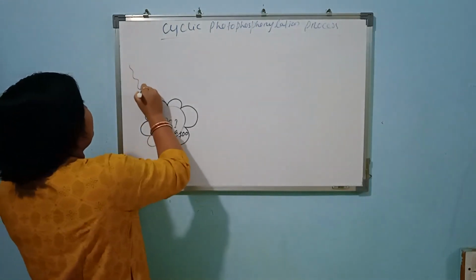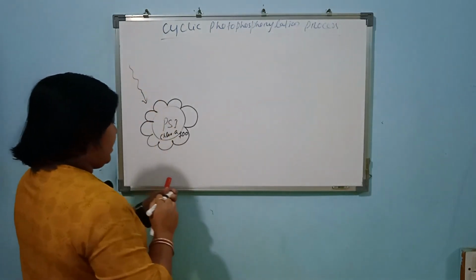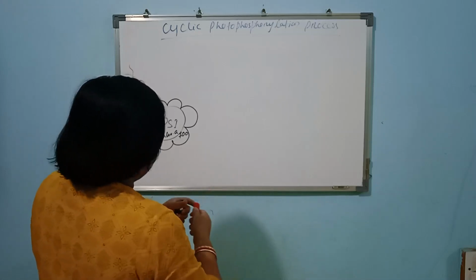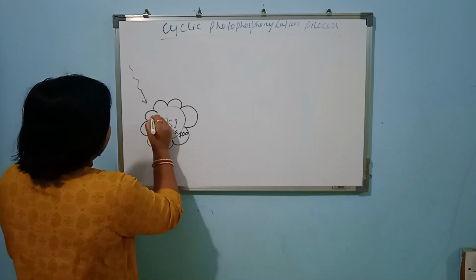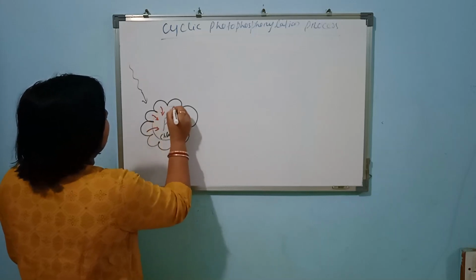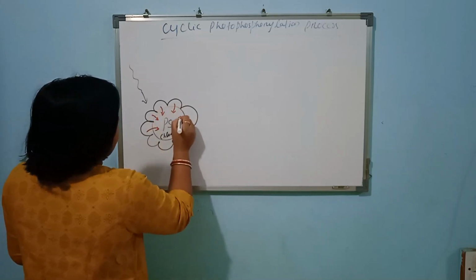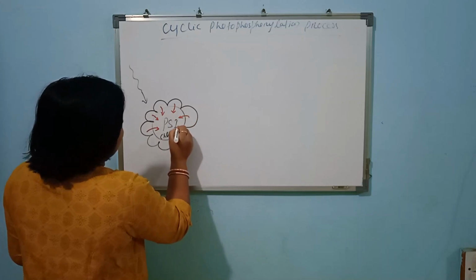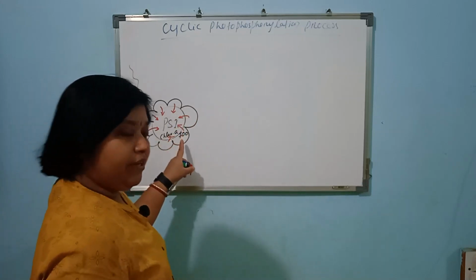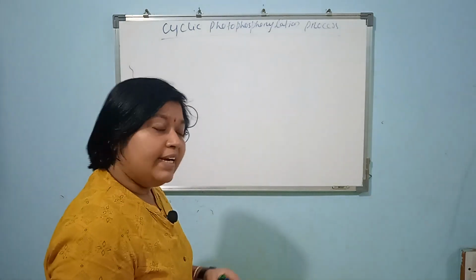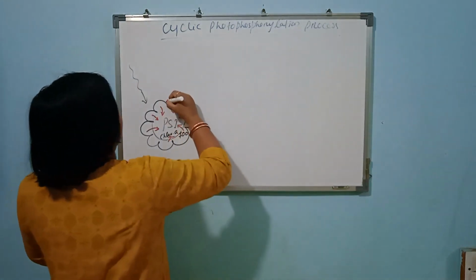When sunlight falls on them, they all trap solar energy and transfer it to this particular pigment. After getting its respective wavelength of light, which is 700 nanometer, it gets excited and releases an electron.